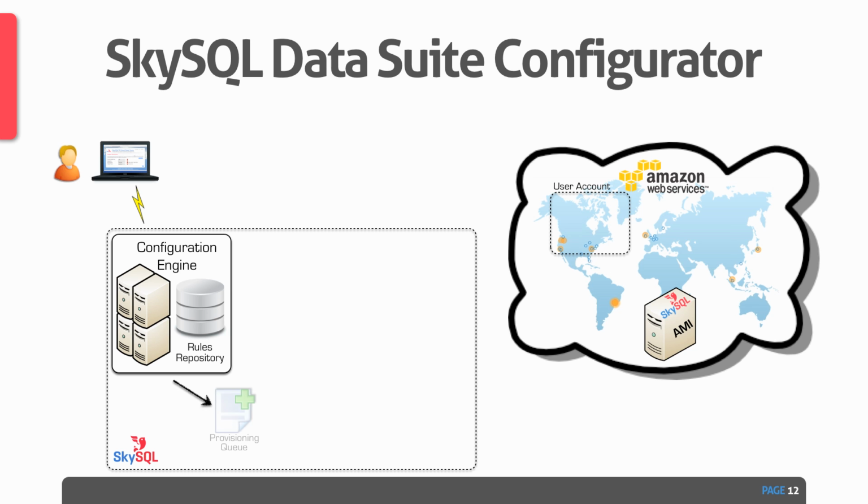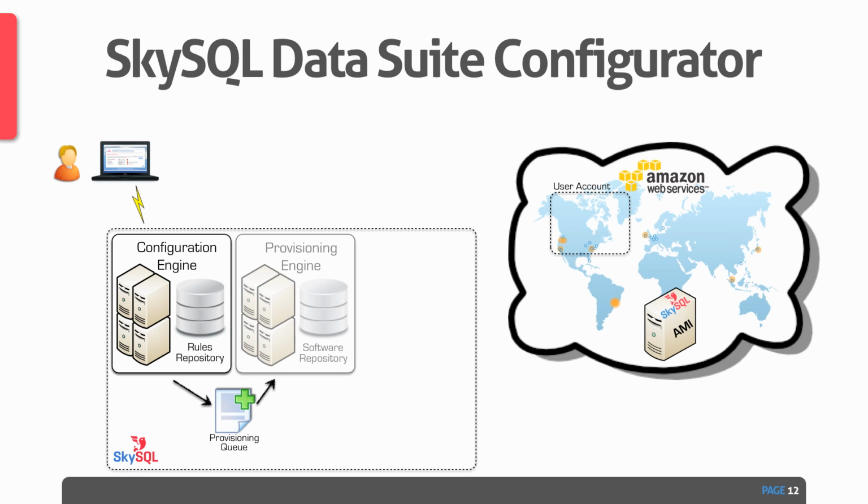That said, once the user is happy with the specific configuration, the configuration itself will be added to a provisioning queue. And this queue will be picked up by the provisioning engine that, again, resides within our premises, or let's say it is a SkySQL server.